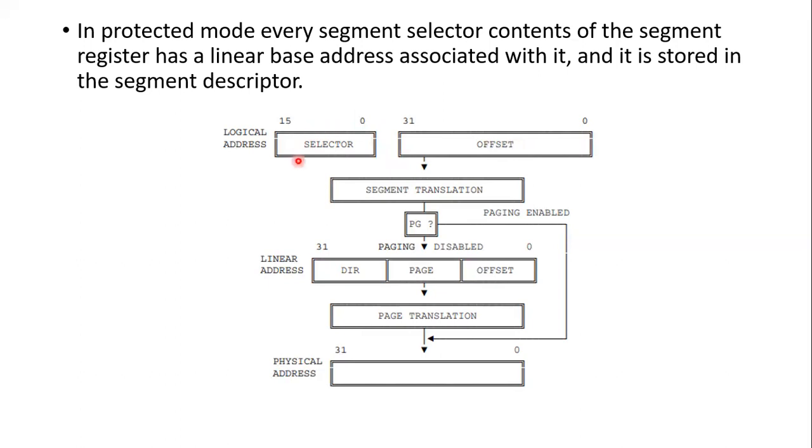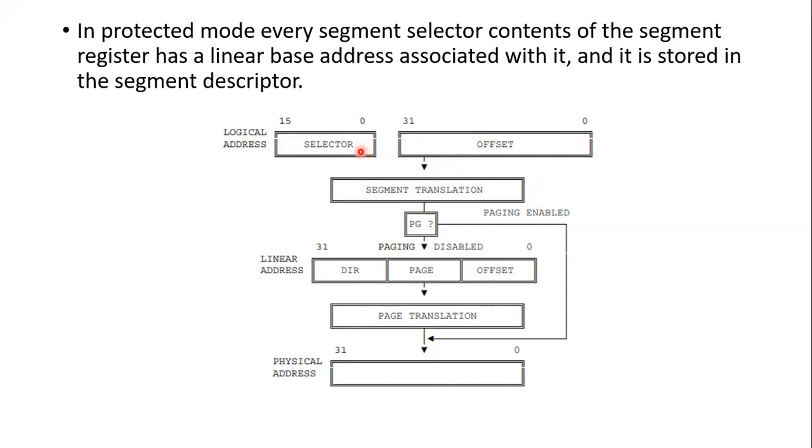Once you point to a descriptor for the segment, the next task is that the linear base address from the descriptor is added to the 32-bit offset. Once you add this, it will generate a 32-bit linear address. After this, the address is generated. This process is known as segment translation.